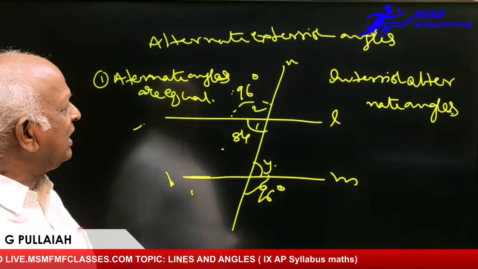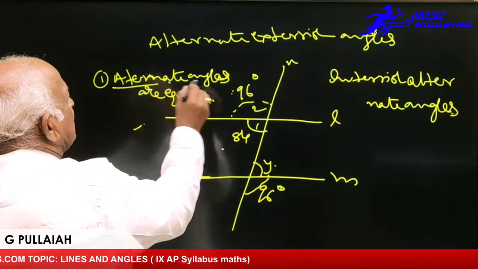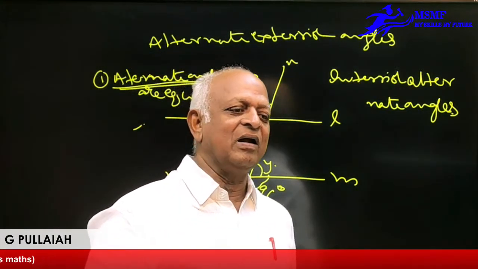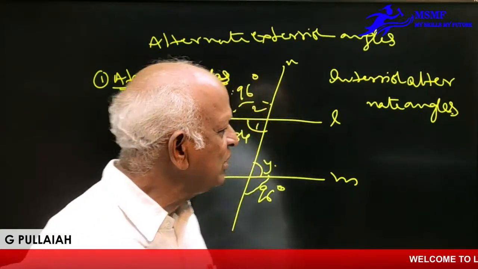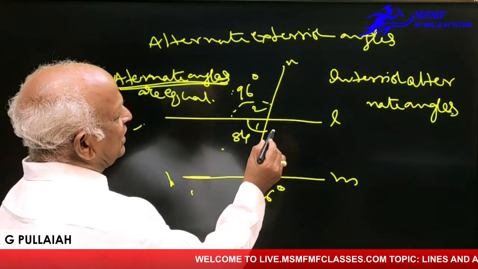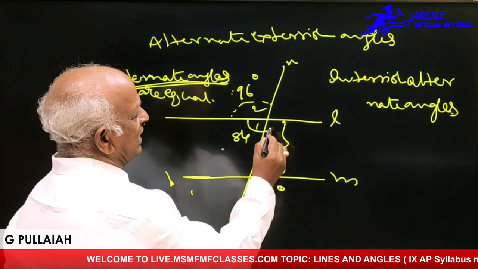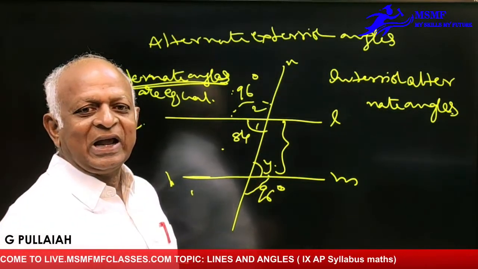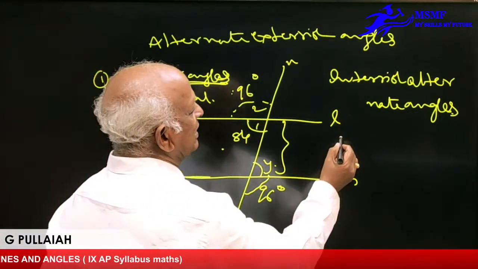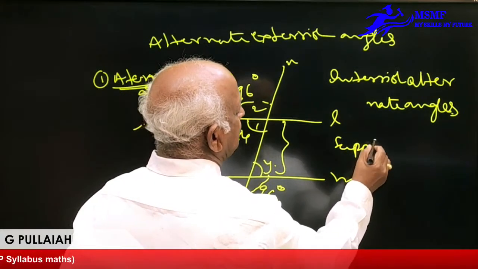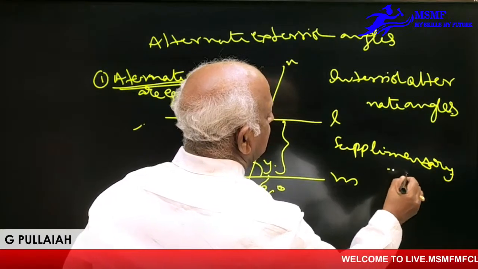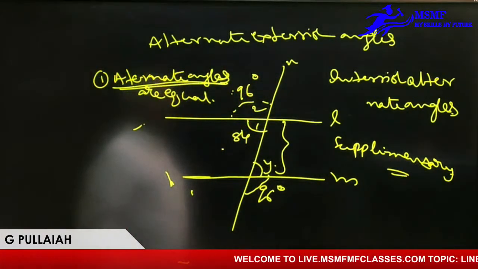Here, we can take two things: alternate interior angles are equal and alternate exterior angles are also equal. The other concept I'm telling here: the co-interior angles, which must be on the same side, are supplementary. Co-interior angles are supplementary.